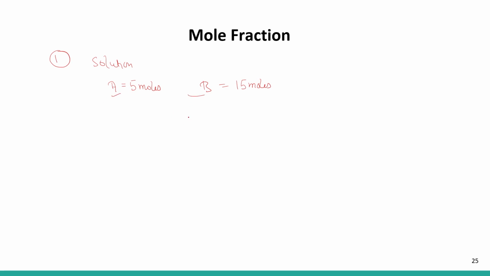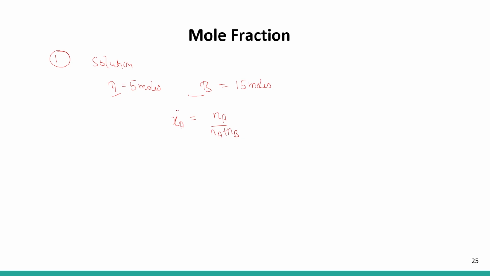If you are told to calculate the mole fraction of A, how will you do it? I am representing mole fraction by Xa. This is the general way of representing the mole fraction. Xa equals Na by Na plus Nb.